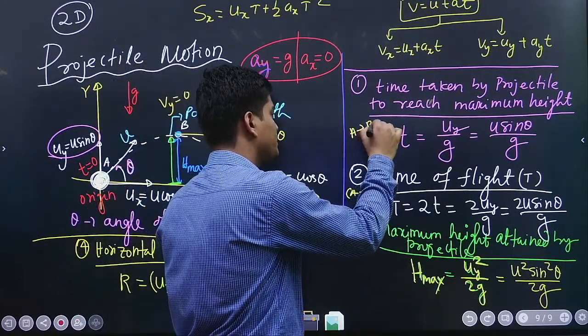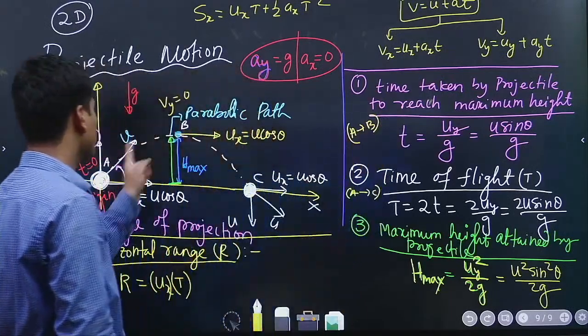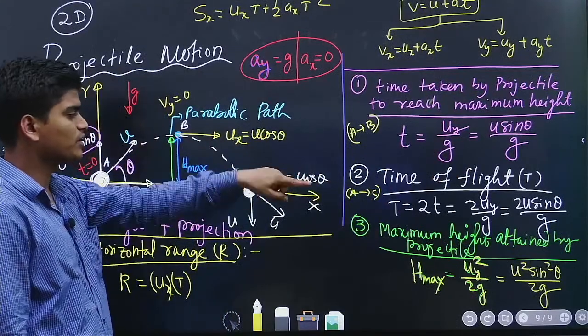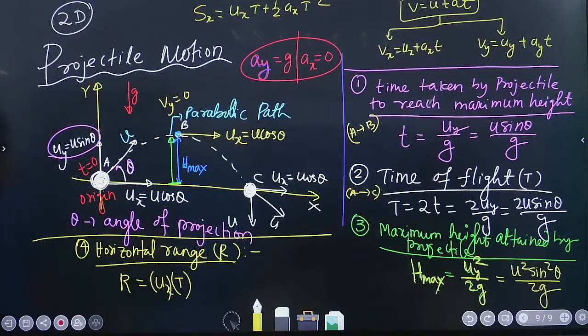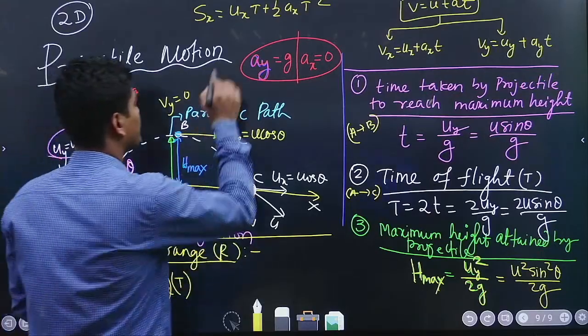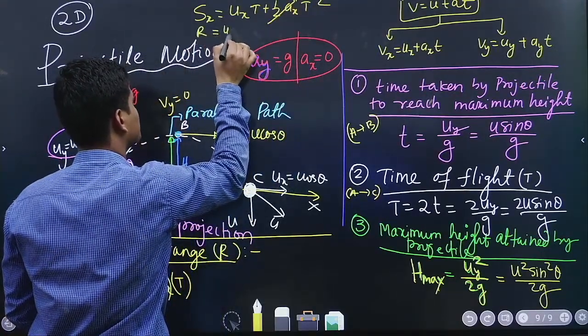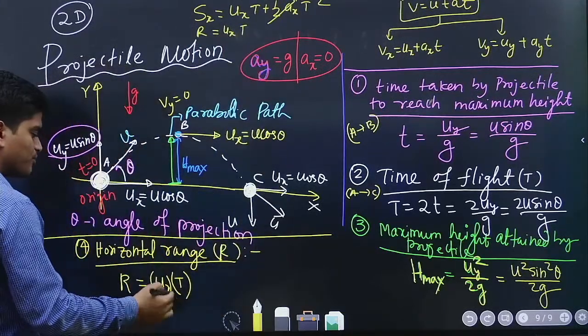Now A to B, remember, whatever time taken is u sin theta by g. But A to C whatever time taken is 2u sin theta by g. So that's why I am taking capital T, and as the acceleration is 0, this term is 0, then R equals nothing but how much? ux into T.